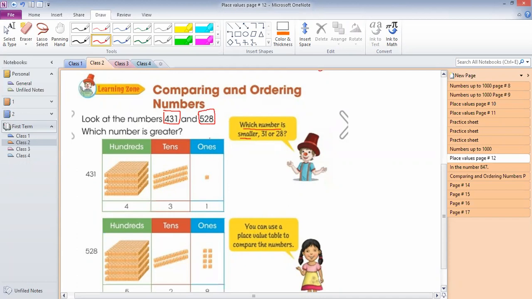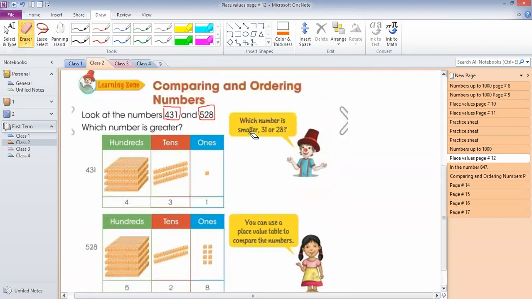When you have to compare 3-digit numbers, what will you do, guys? You will compare the hundreds first. If you have to compare 431 with 528, what will you compare first? If there are 3 digits, the highest place is the hundreds.